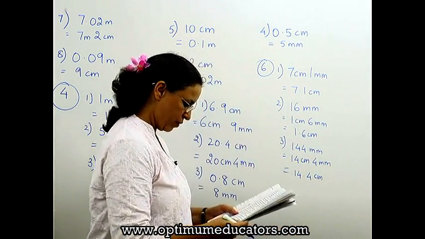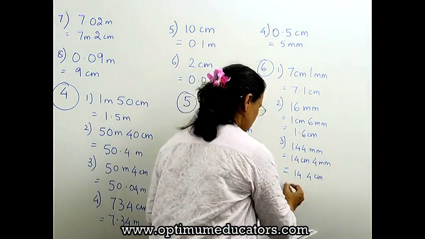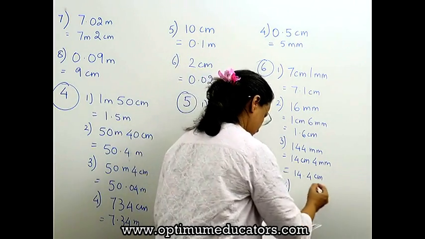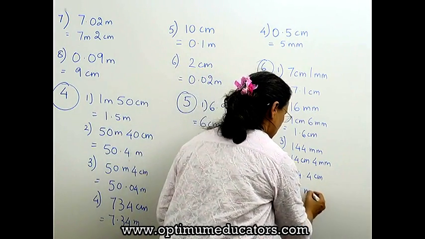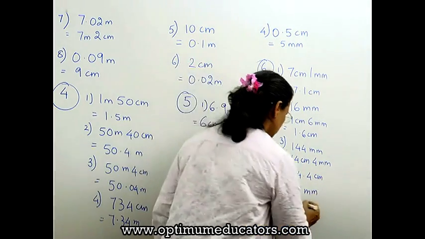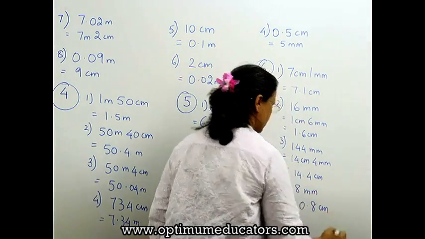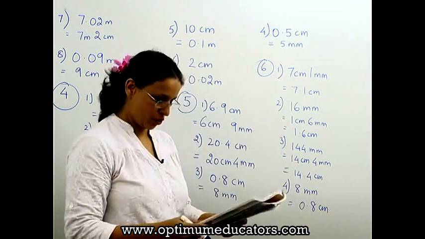And the last sum that we have here, fourth one, that is 8 millimeter. Now, 8 millimeter we will write it as 0.8 centimeters. Check if you have got your answers right.